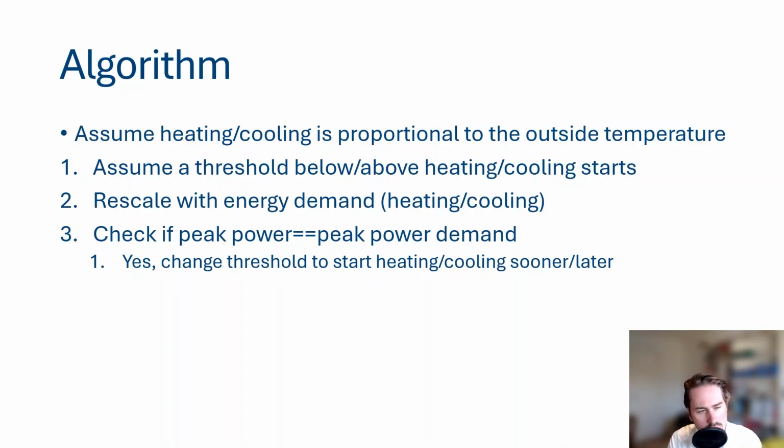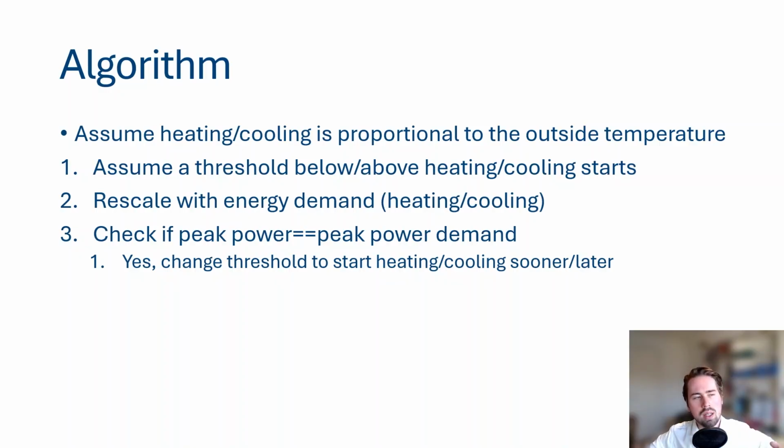So the way you should think about this is, if we set it to start heating below, let's say, 18 degrees, we rescale it and we end up with a peak power that's too high. This means that basically all our heating was cramped into too little time.